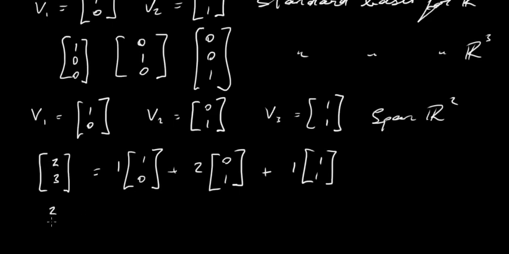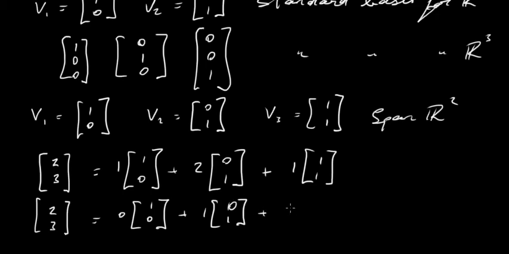But also (2, 3) can be formed by taking 0 times v1, 1 times v2, and 2 times v3.